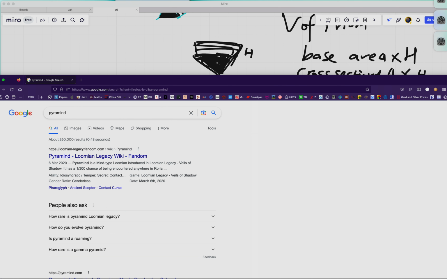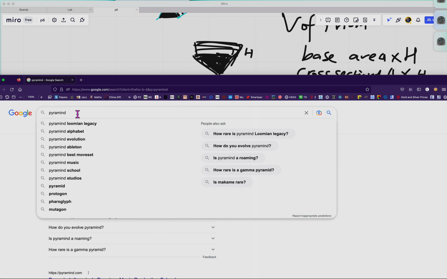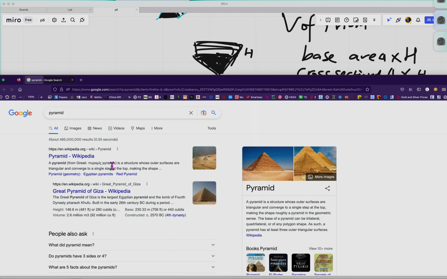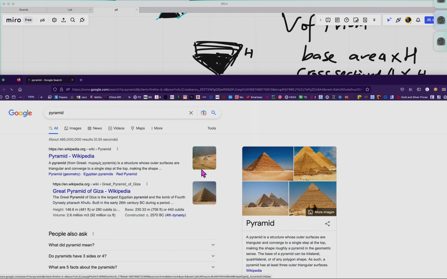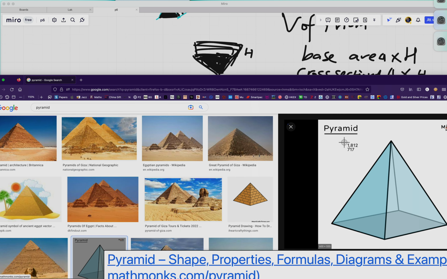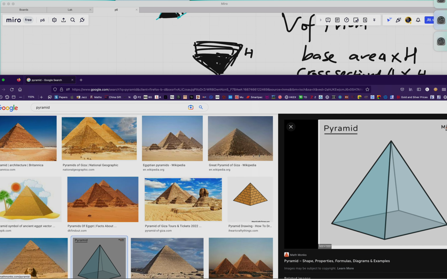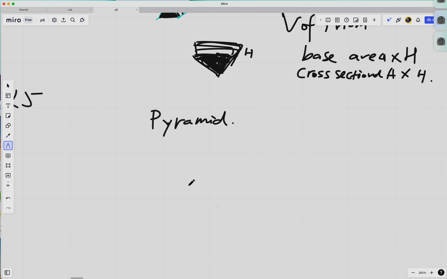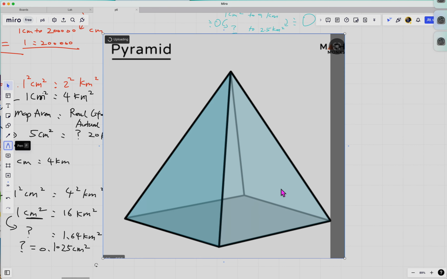Pyramid, okay, good, nice. Something like this. So how do we find the area and the volume of a pyramid?